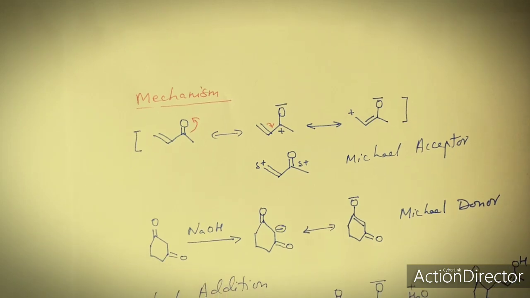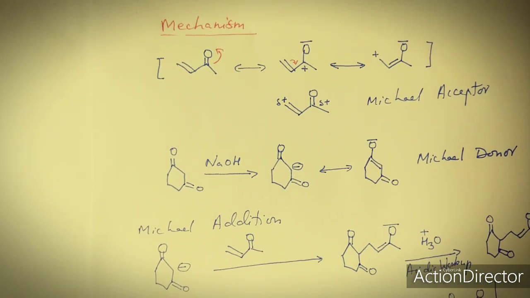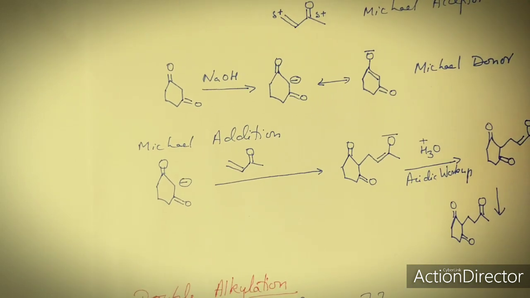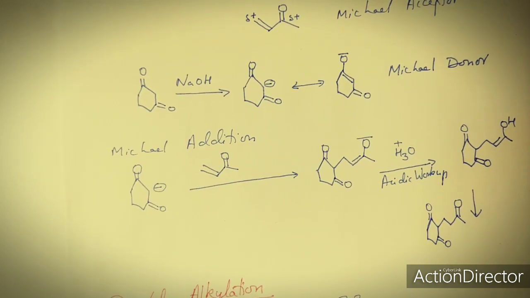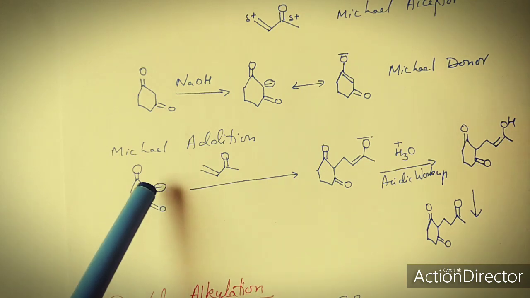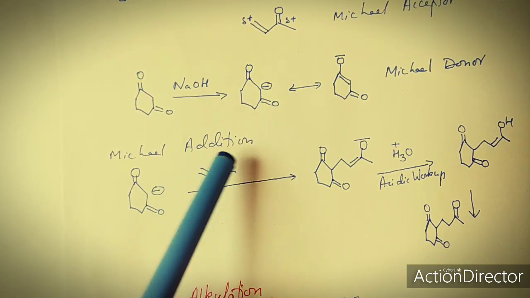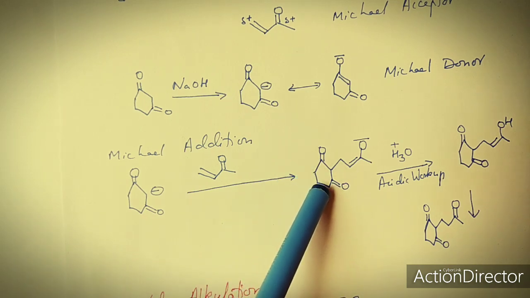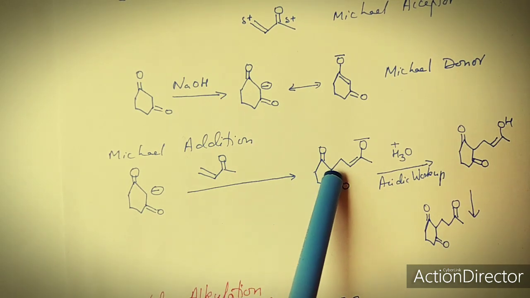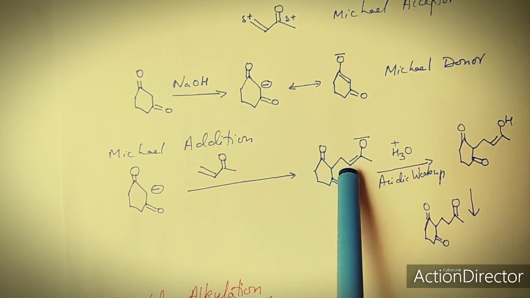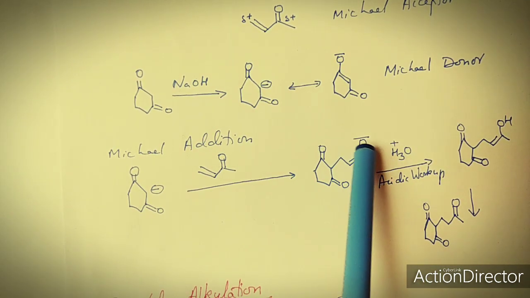So Michael addition will take place in this manner, where we will get the product as the carbon negative, that is the carbanion, attacks this carbon positive. So a carbon-carbon bond will be formed, and therefore on acidic workup, what will happen? This electron pair will return here.